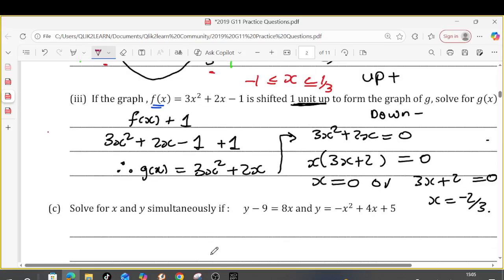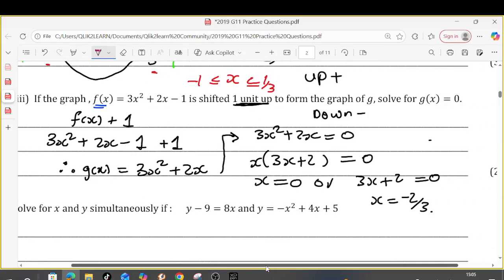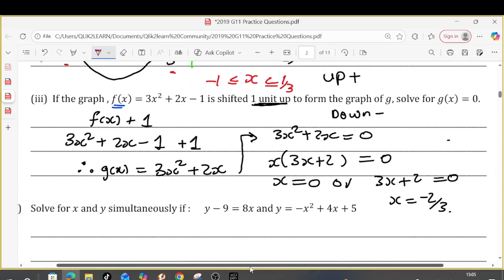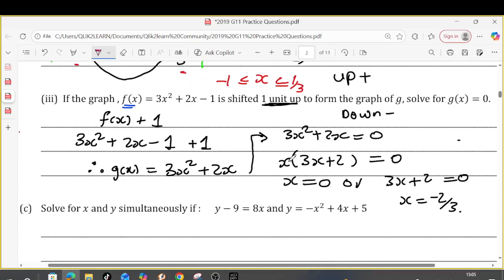First things first, make sure that you read the question carefully. You understand the question. They just want you to eliminate the 1, to say this 1 is no longer there and the new graph is this one. But they won't tell you that. They just tell you about the vertical shift, then they want you to solve g at x.